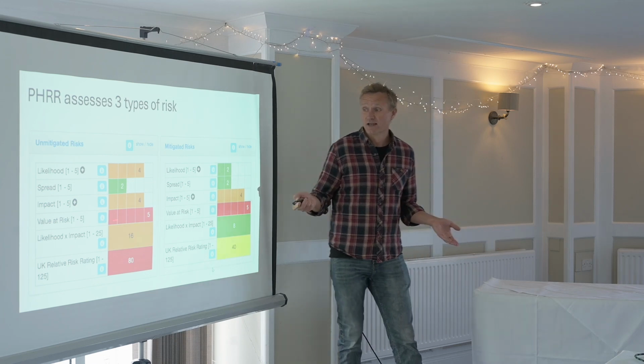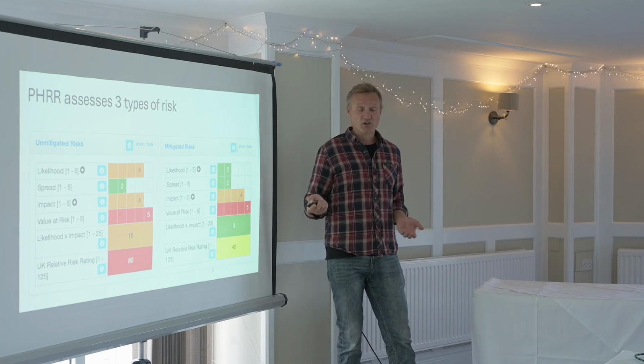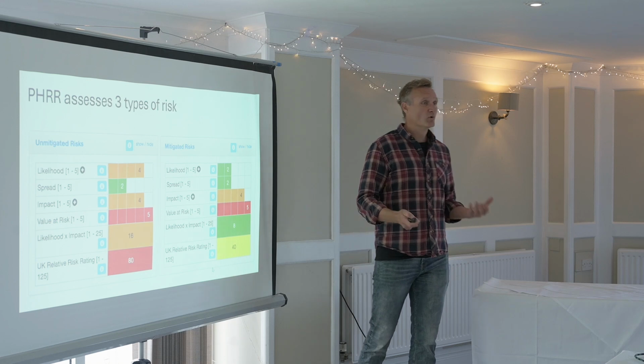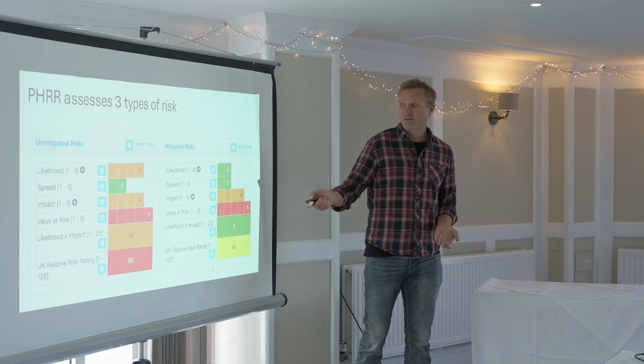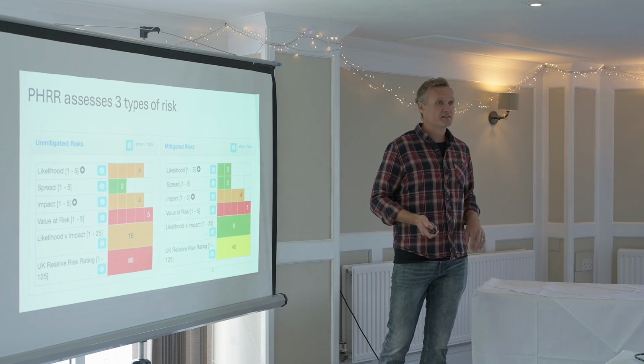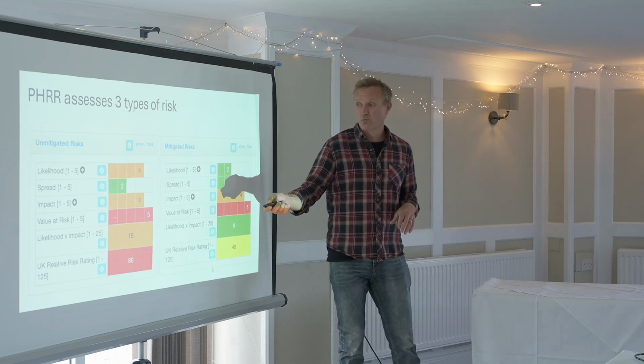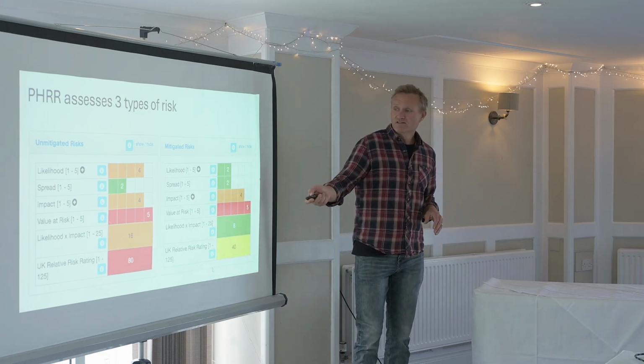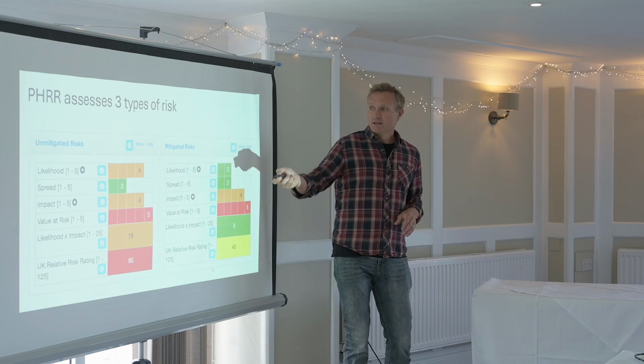So if it's a pest which could attack our really important agricultural crops, it'll get a 5. If it's something that'll attack a little scrubby plant in a nature reserve, it'll probably get a 1 or something. So 1 is low, 5 is high.